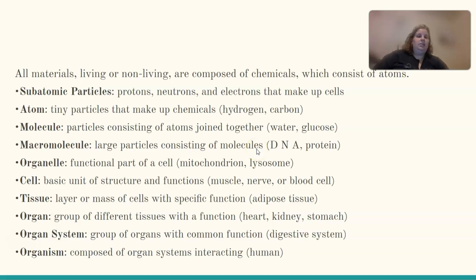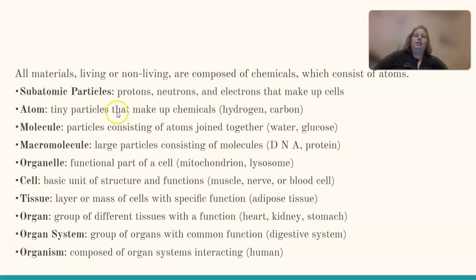Alright, that's all of our axial positions and all of those things. This is now how our body is organized from smallest to largest. So the tiniest things that we have are subatomic particles. Protons, neutrons, and electrons, they make up an atom.